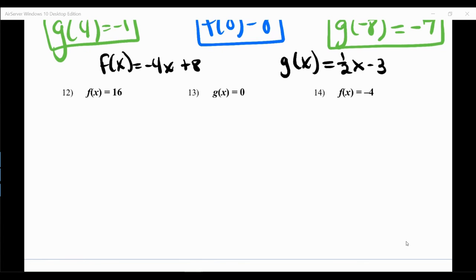Okay, so f of x equals 16, meaning the value of the function is 16. But what x value got us 16? Well, substitute 16 for f of x and solve for x, the same way we did with the second flight for the helicopter.